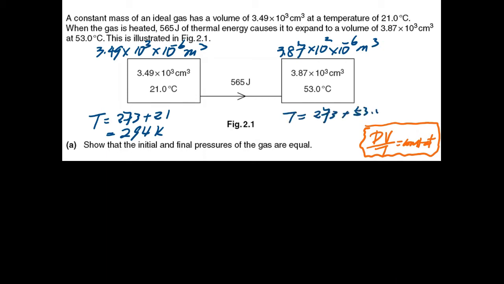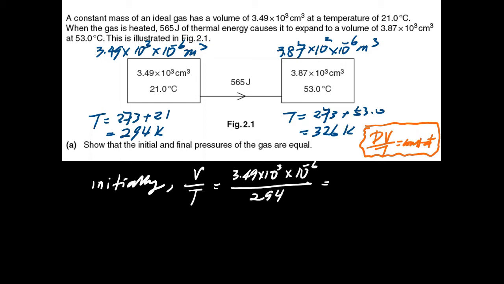And temperature in Kelvin, 273 plus 53, we get 326 Kelvin. As the pressure is constant, initially we have V over T, and the volume is 3.49 times 10 to 3 times 10 to minus 6 divided by 294. Temperature must be in Kelvin. That gives us 1.19 times 10 to minus 5.